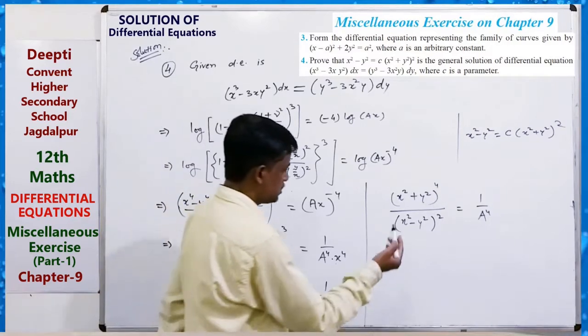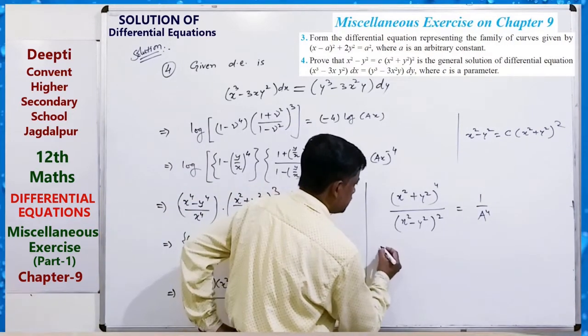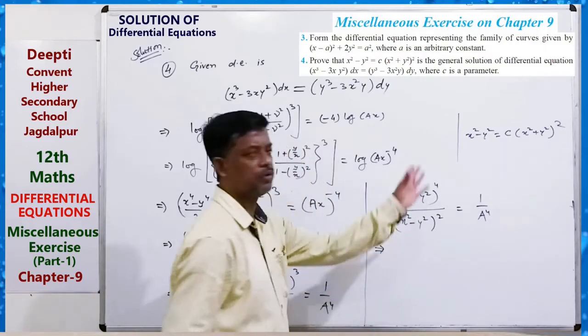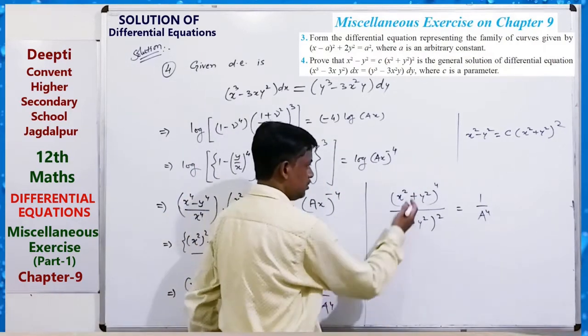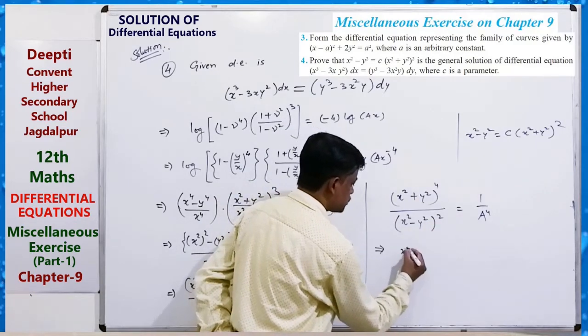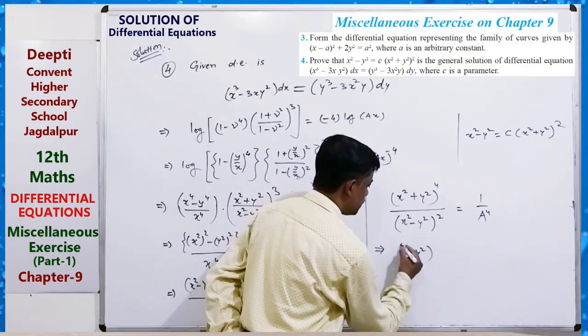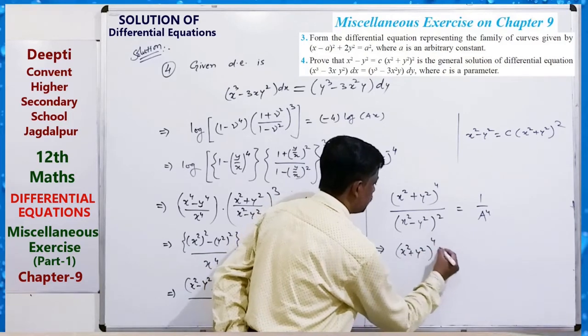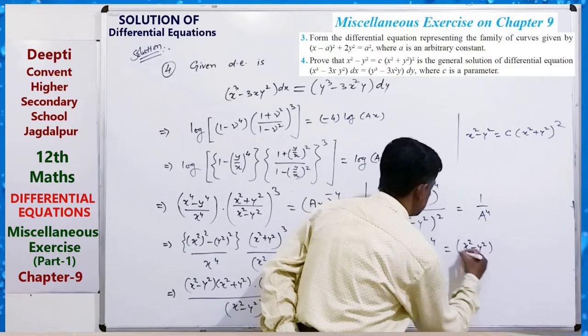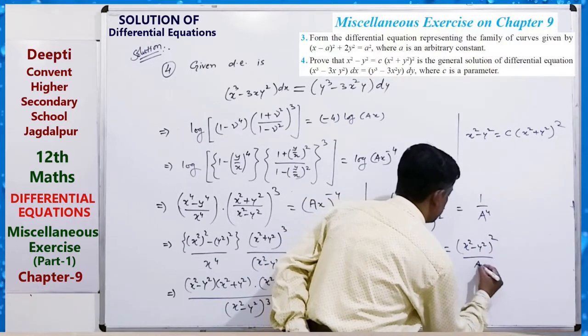Now we can see from here, taking the square root on both sides, then x square plus y square power 4 equals x square minus y square upon a power 4.